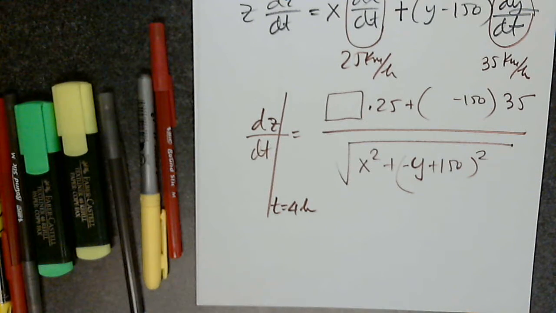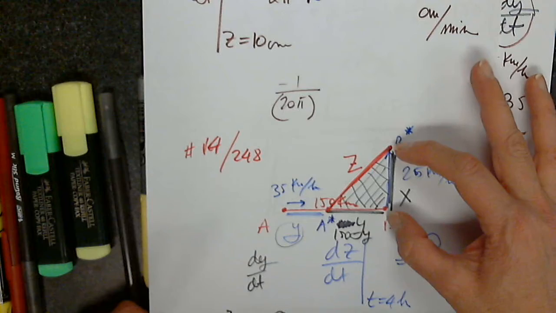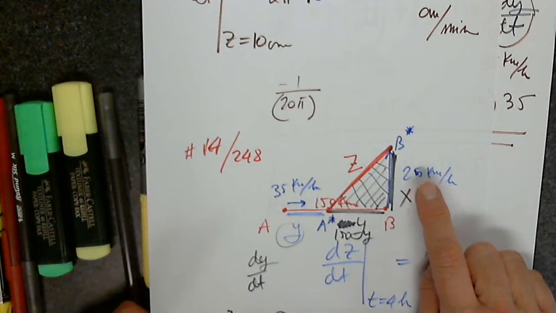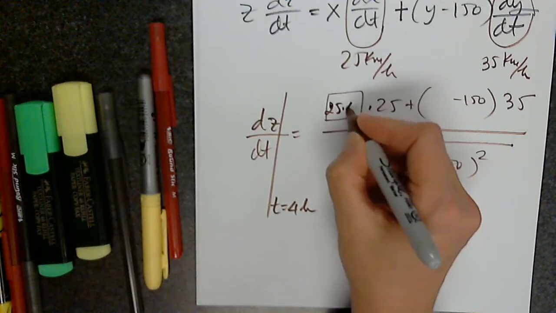Assuming uniform motion, which means distance equals rate times time. So x would be 100, yes, 25 times 4. Correct. Very good. So this will be then 25 times 4.